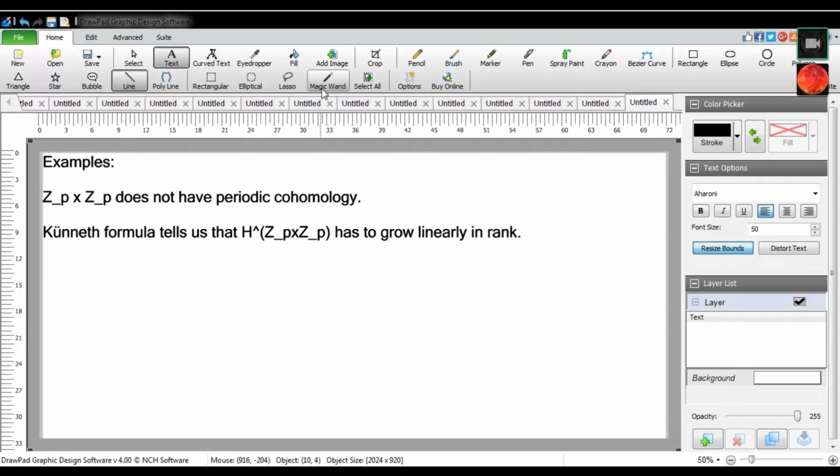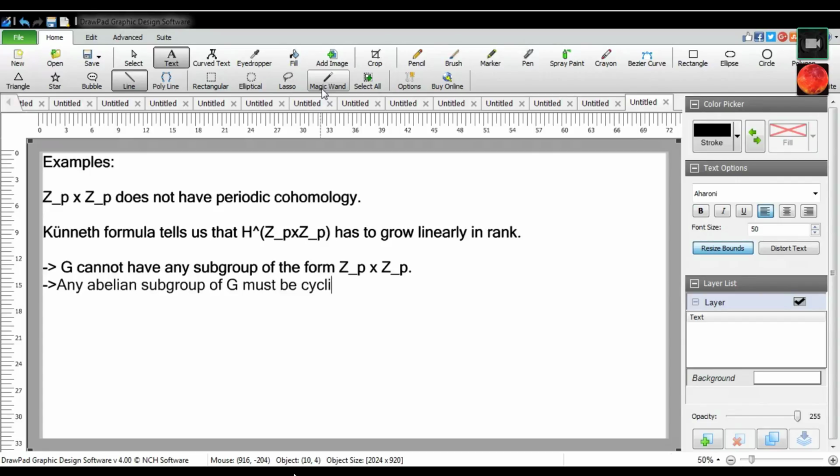What can we conclude? G cannot have any subgroup of the form Z_p times Z_p. What does this also mean? Any abelian subgroup of G must be cyclic.